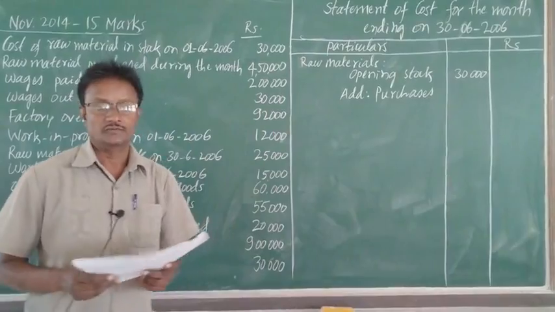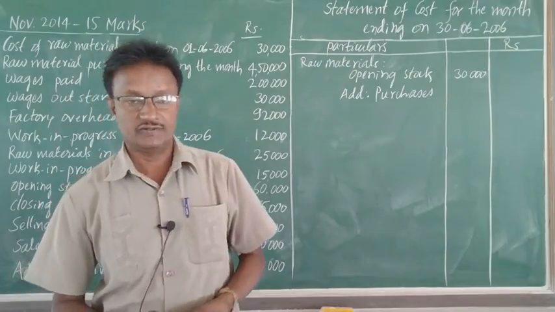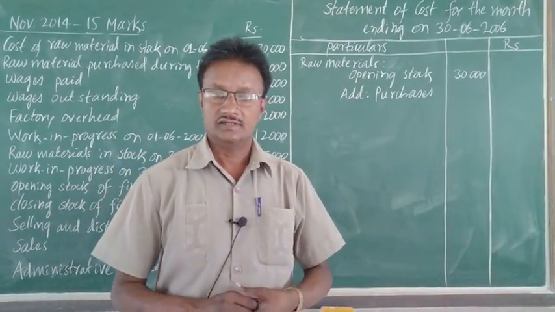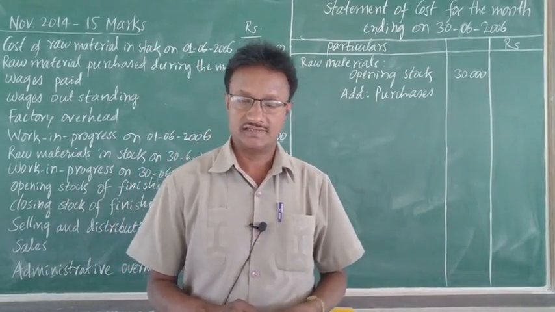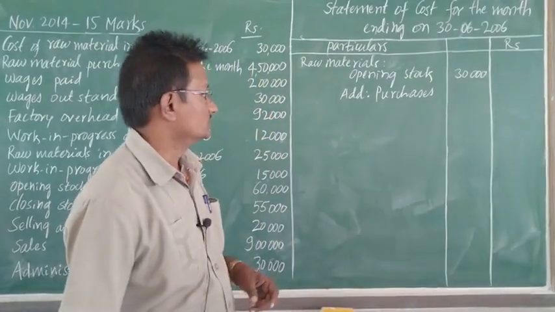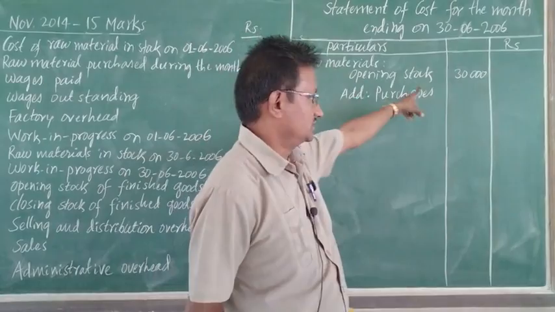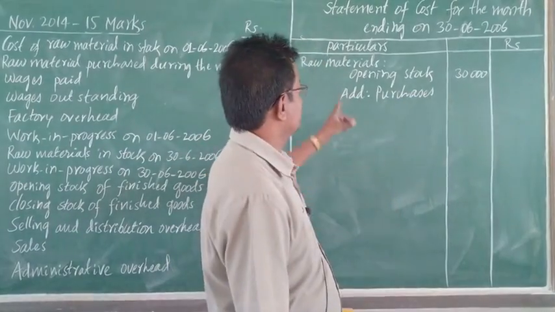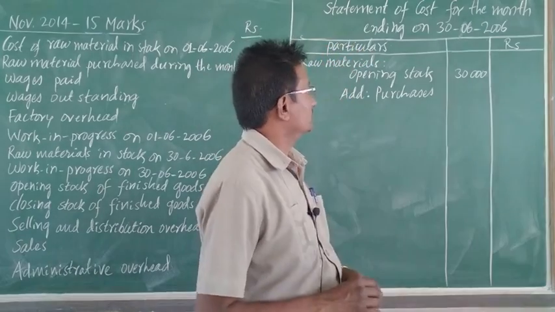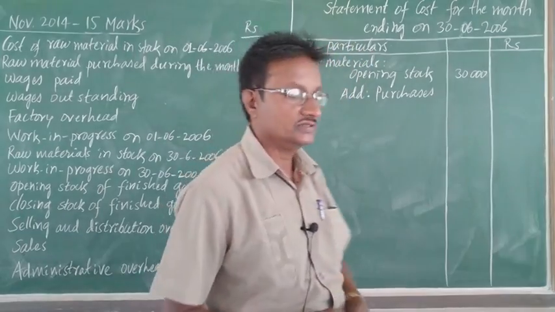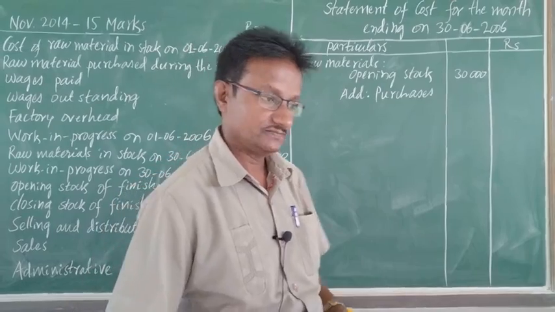So we are asked to prepare the statement of cost or cost sheet. Cost sheet is also called the statement of cost. So we have to prepare the cost sheet and give the heading like statement of cost for the month ending on 30th June 2006.